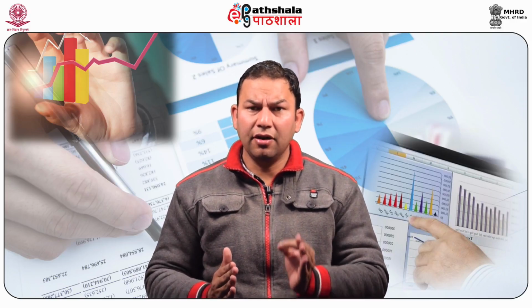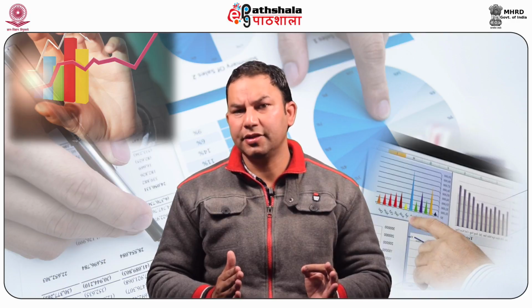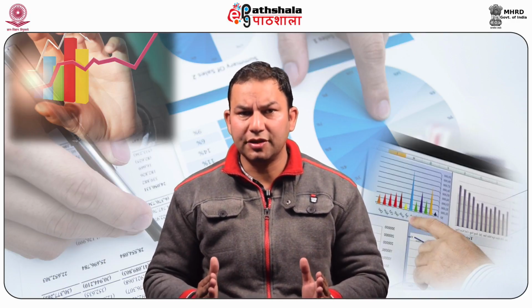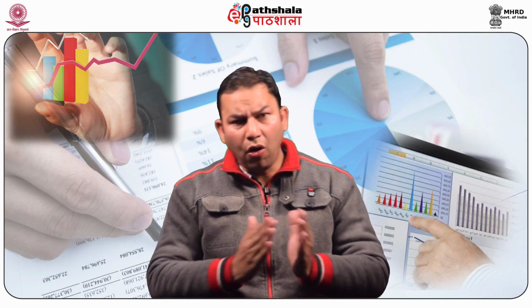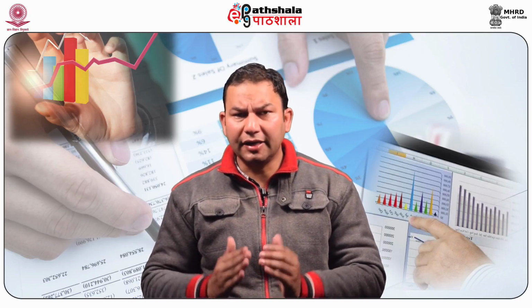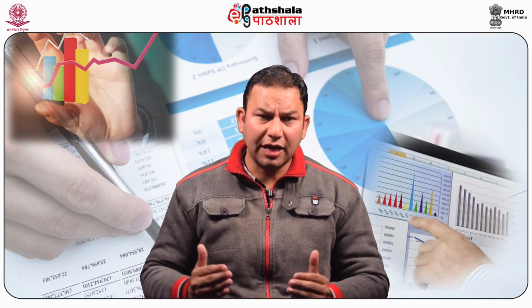All the indirect expenses such as office and administration expenses, selling and distribution expenses, non-operating expenses are debited, and all the revenue incomes are credited to the profit and loss account, and then net profit or net loss is calculated.